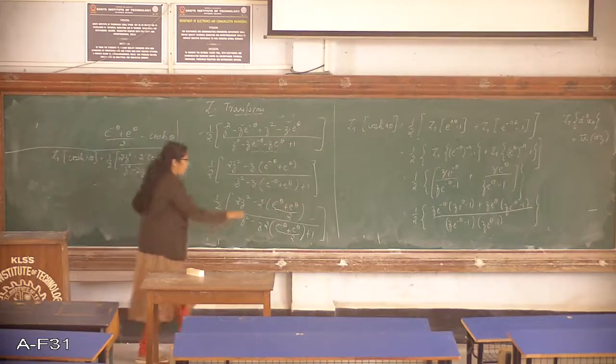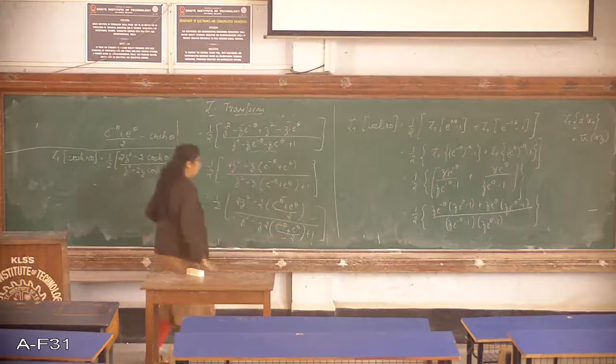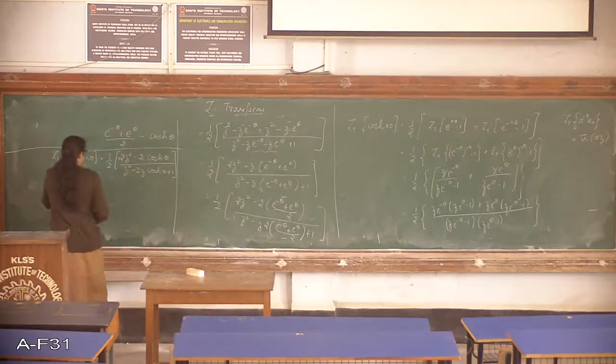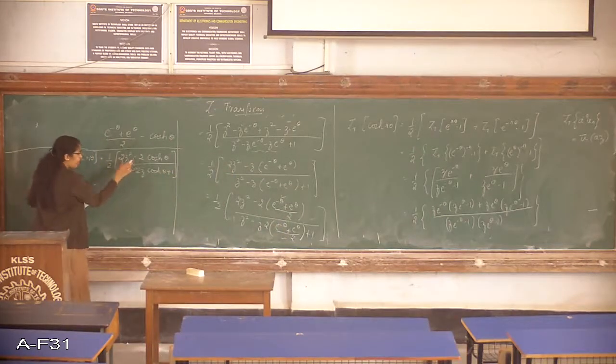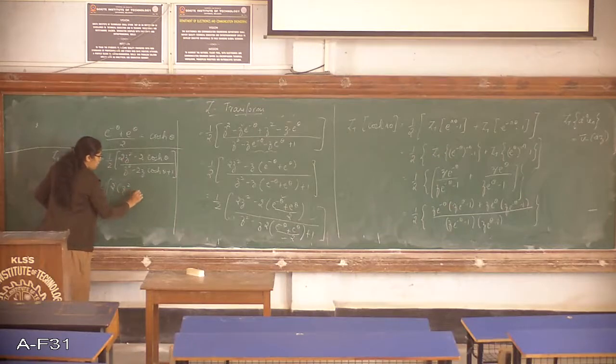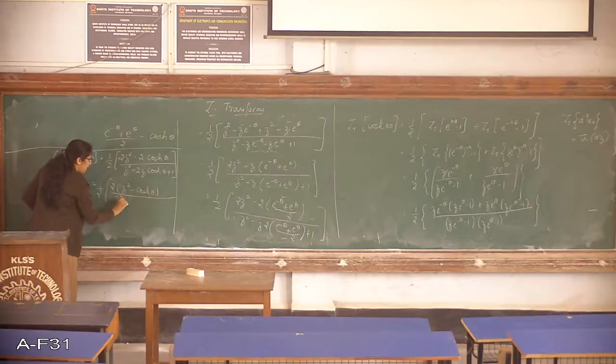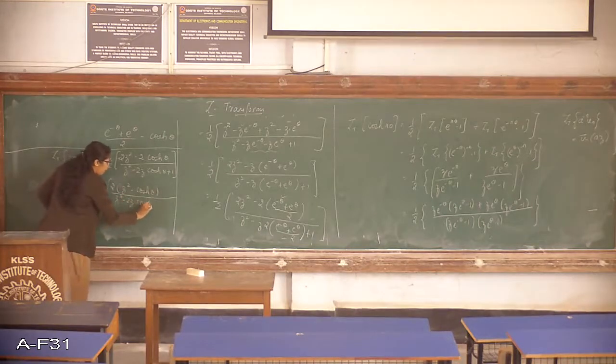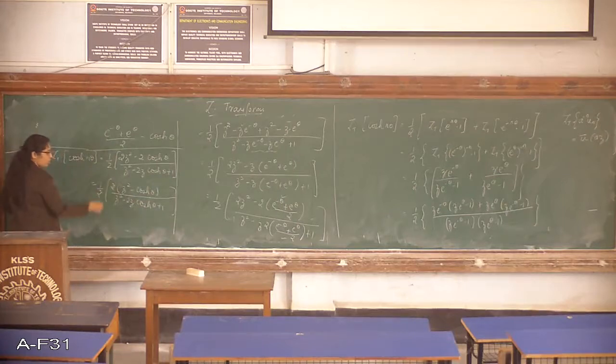Here I have used the definition of the hyperbolic function, and then you can see that 2 is common in the numerator, so this will be half times 2 times z square minus cos hyperbolic theta, divided by z square minus 2z cos hyperbolic theta plus 1. So you can see that the 2's in the numerator and the denominator cancel each other.